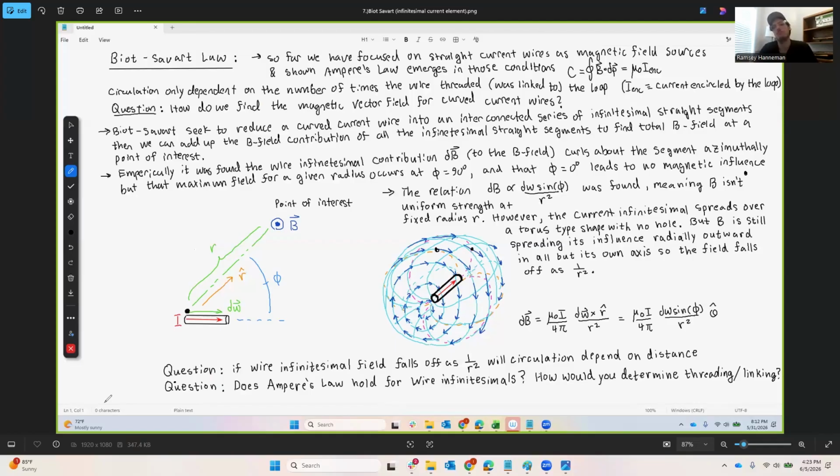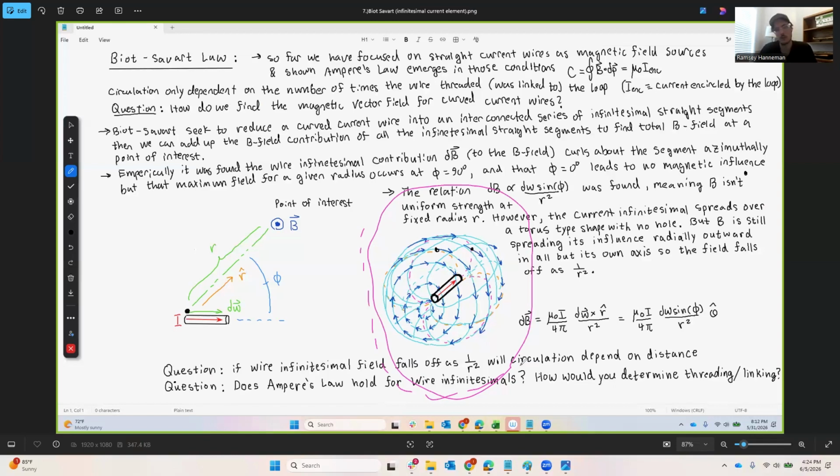In other words, if I walk some sort of a loop around it, will the circulation only be proportional to the enclosed current, the encircled current by that loop? I don't see why not. Okay, so let's think about a few questions. What was the field strength for the long straight wire that allowed that cancellation? How did the field fall off? 1 over r.